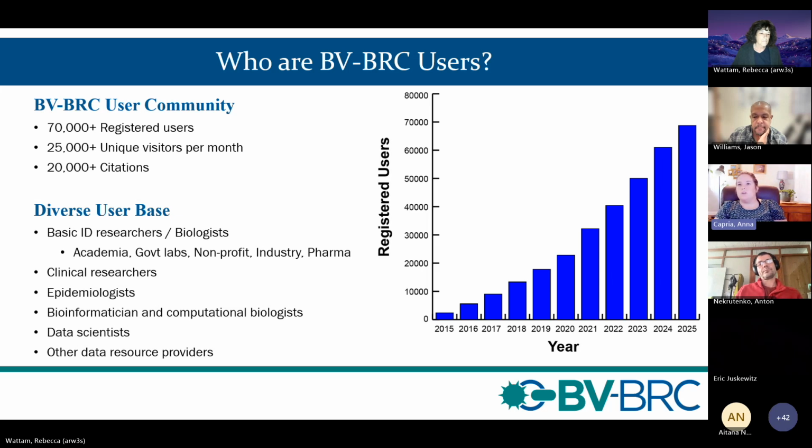These users are people from basic infectious disease researchers and biologists across academia, government labs, nonprofit, industry, and pharma. We also have clinical researchers, epidemiologists, bioinformaticians, data scientists, and people that provide other data resources as well. And I think Rebecca will tell you a little bit more about our data on the next slide.